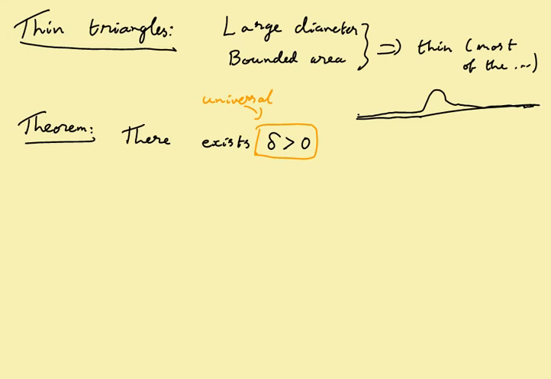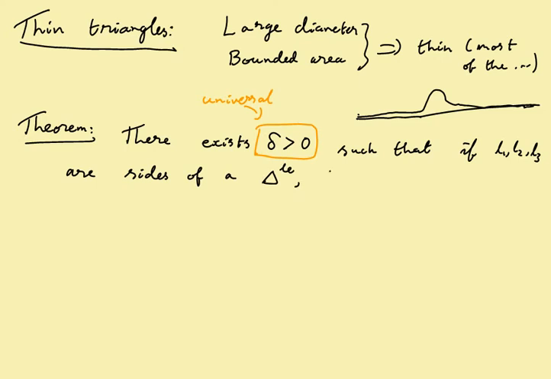There exists delta greater than 0 such that if L1, L2, L3 are sides of a triangle, then L1 is contained in the delta neighborhood of L2 union L3.